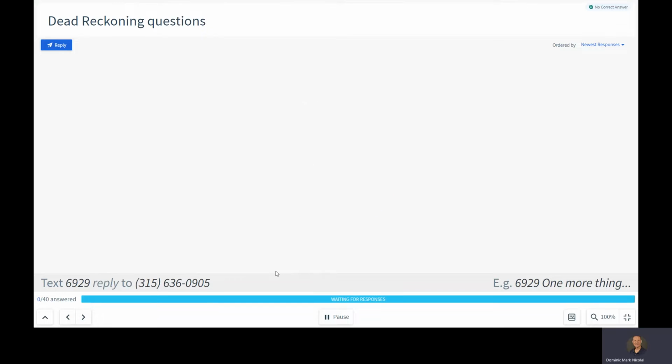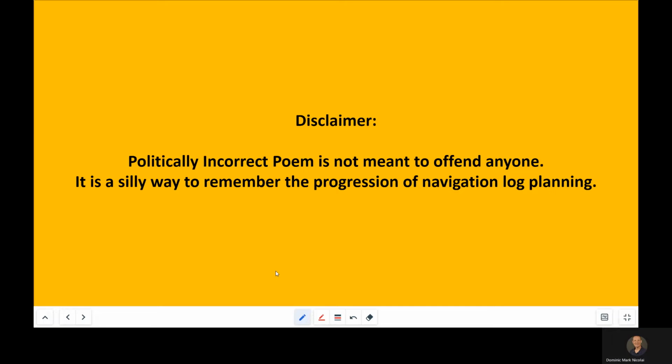We've got a discussion area for questions. I want to start with the nav flow chart, and just a disclaimer here. I have a poem. It's politically incorrect, right? I'm not trying to offend anybody with it. It's just a kind of silly way to remember the progression of navigation log planning, right? It was taught to me by my instructor.